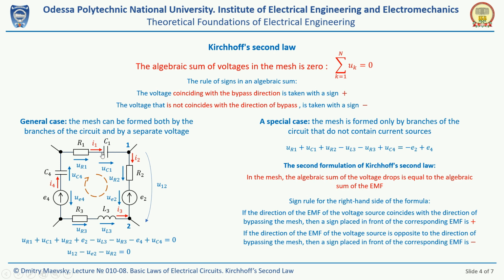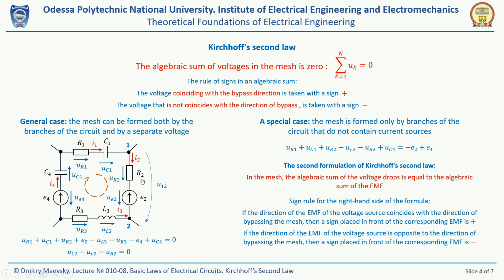Voltage UC1 on this capacitor has the same direction, so we have a plus sign in our equation. Now we are in node number 1, and we go from the branch number 2.